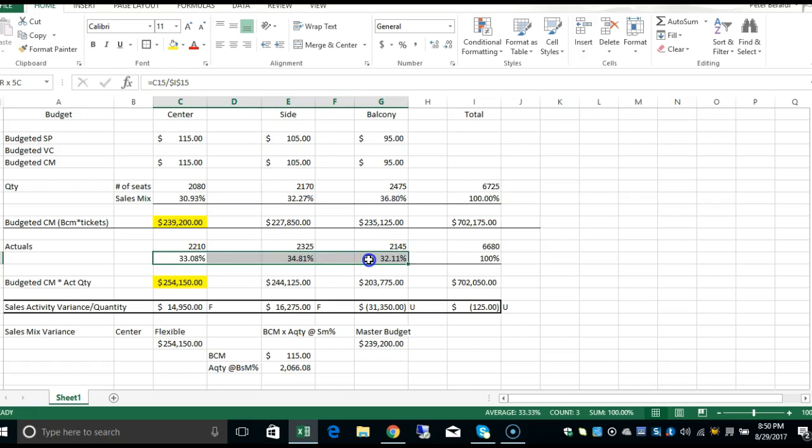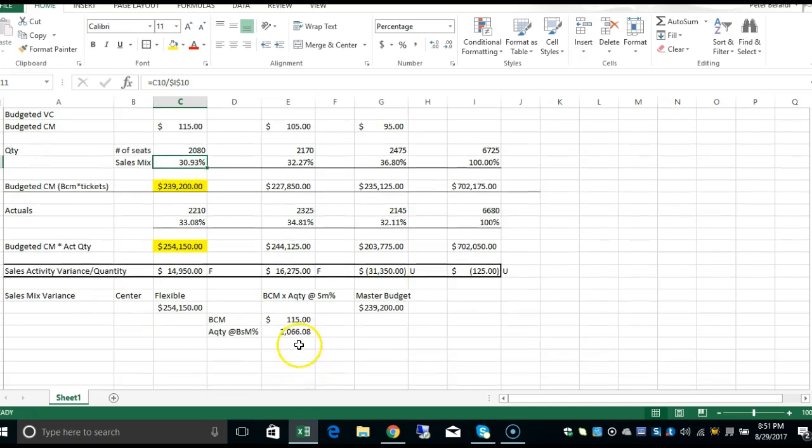So we ignore the actual ratios here and we basically take the actual 6,680, which is this I-15, and we multiply it by the 30.93%. So now we're focusing on these 3 numbers.